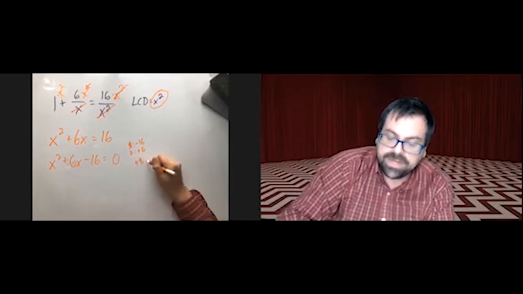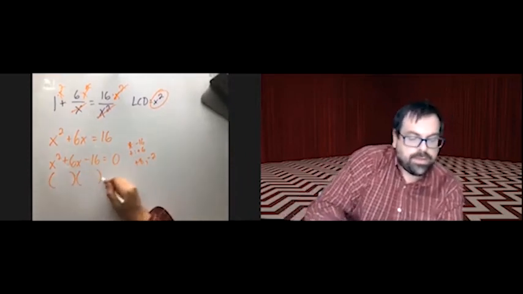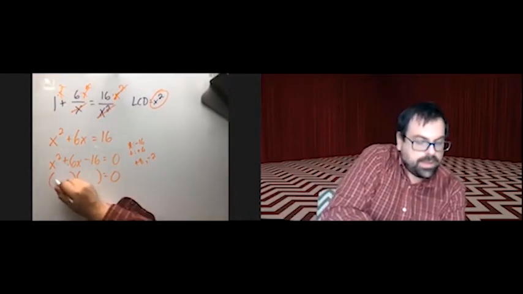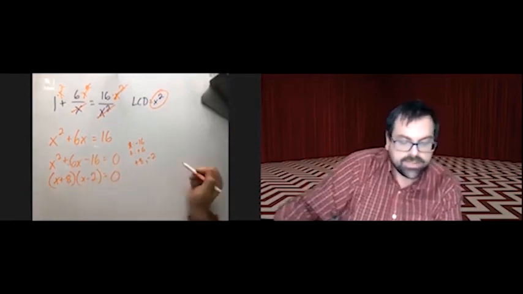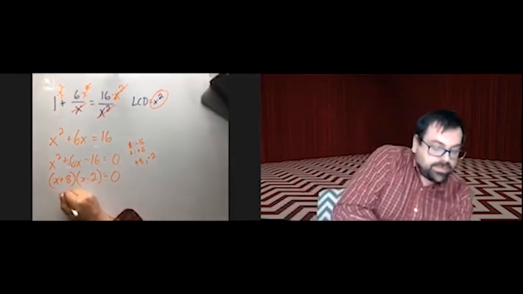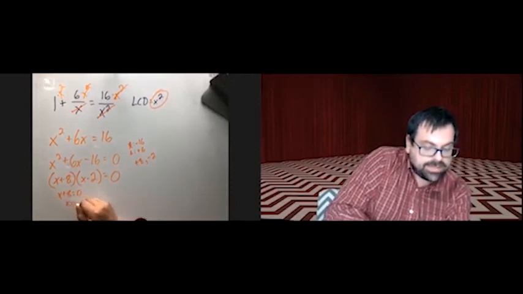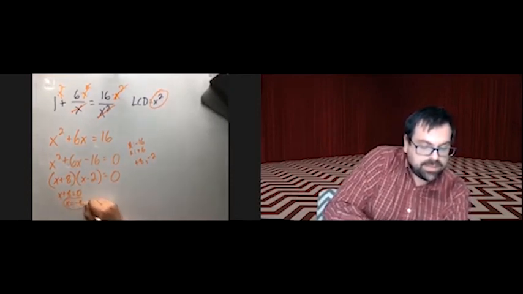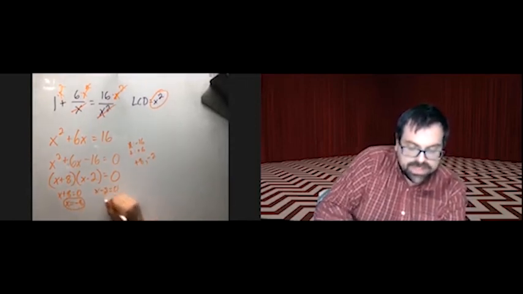This is positive 8 and negative 2. x plus 8, x minus 2. x plus 8 equals 0 means x is equal to negative 8. x minus 2 equals 0 means x is equal to positive 2.